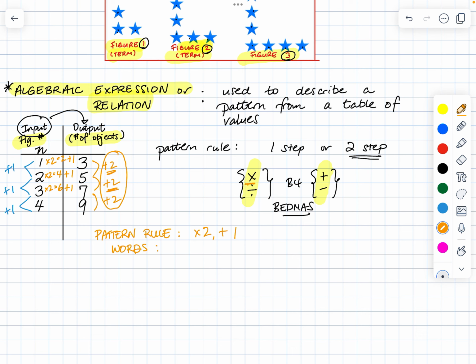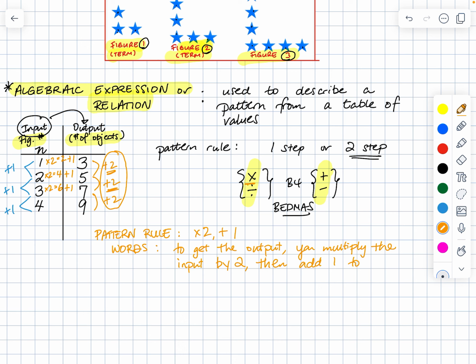because you'll often be asked to describe the relationship between the output and the input. So to get the output, you multiply the input by 2, then add 1 to get the output.